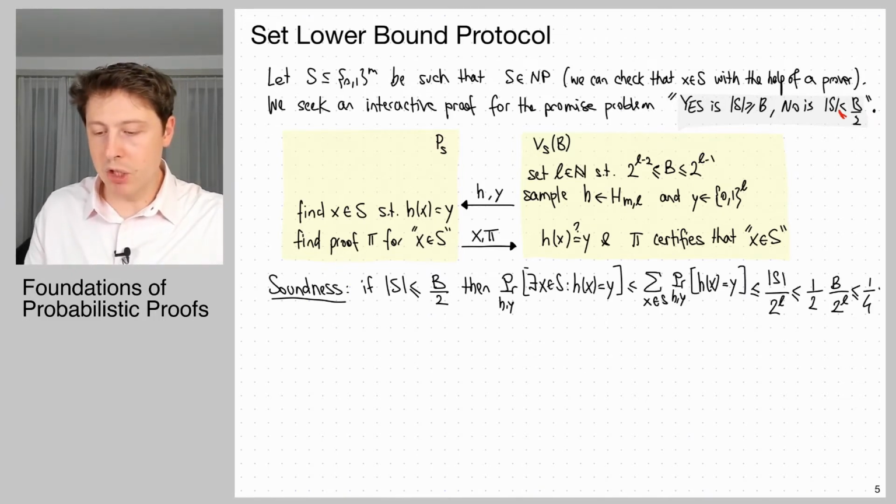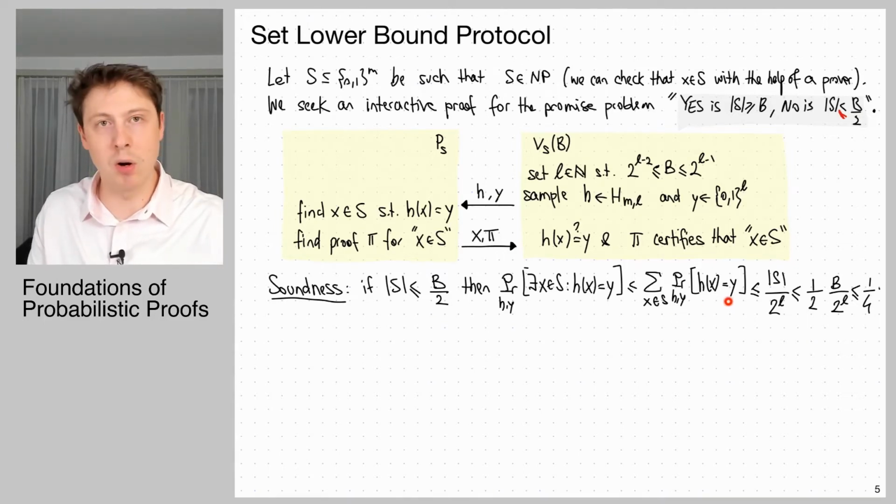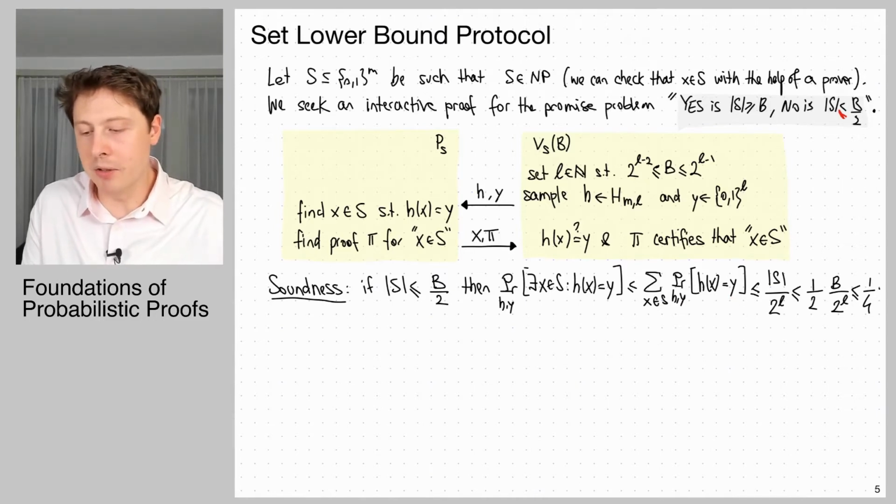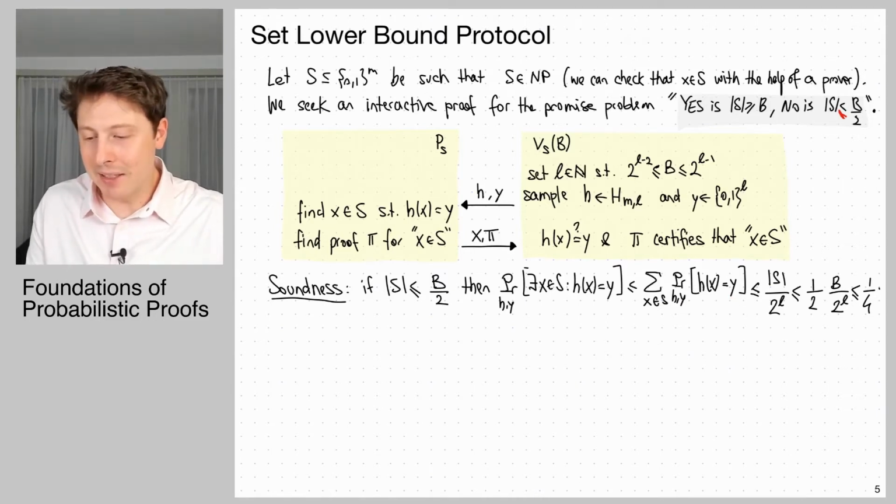All right, we're just going to do a union bound. We're going to say, okay, let's just sum over all possible x's in S and look at, for a particular x, what is the probability that for that x over the choice of h and y, h of x equals y. All right? But look, y is random, okay?